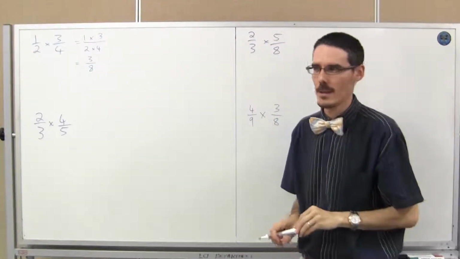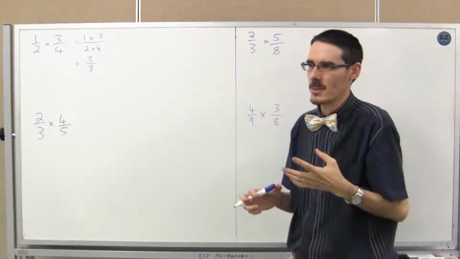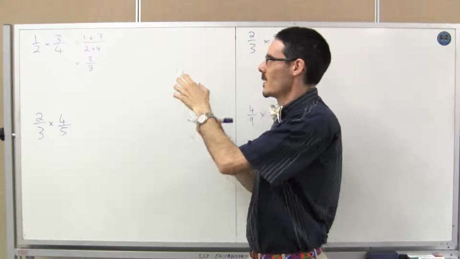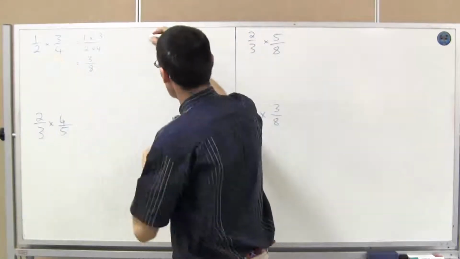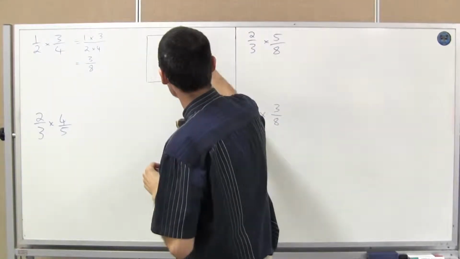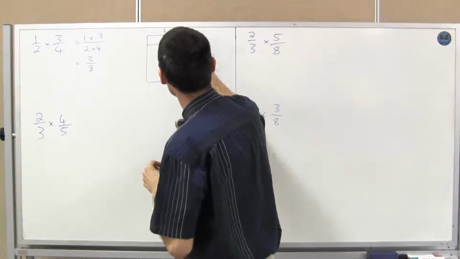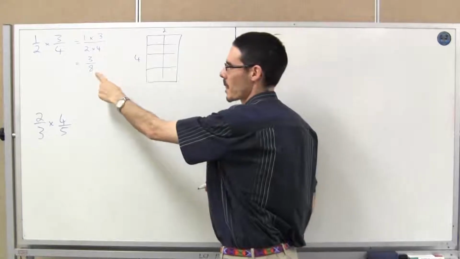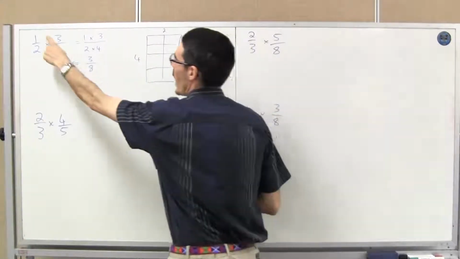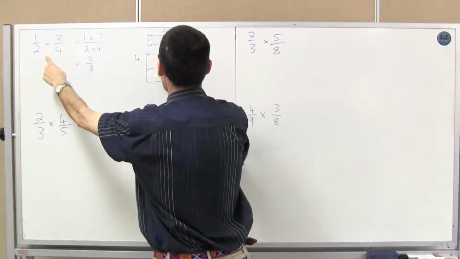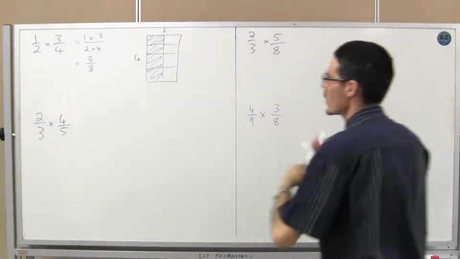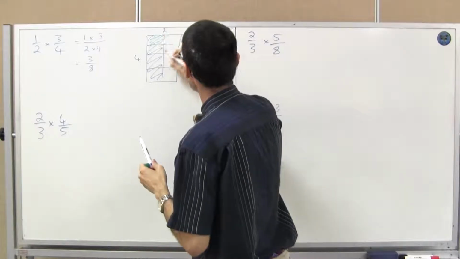If you like, remember how you were taught once long ago to multiply whole numbers? You would have gone, let's say 2 times 4, and you'd have got 8. Well, now I've got 1/2 times 3/4.